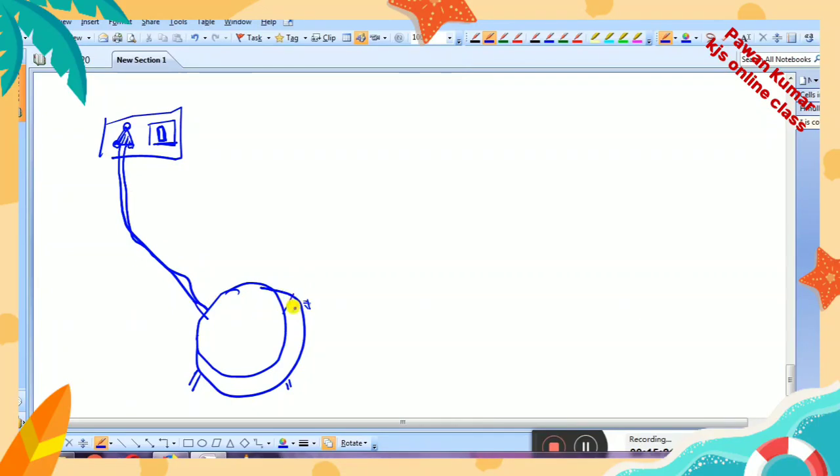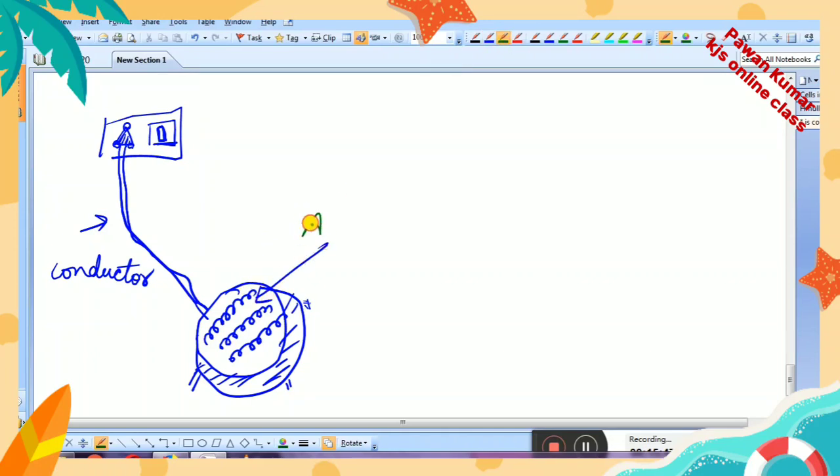Now if this is the electric heater, then it has wire. One wire is this, which is a conductor, and the other wires you must have seen in the form of spirals in the heater. These spiral type wires used to glow.